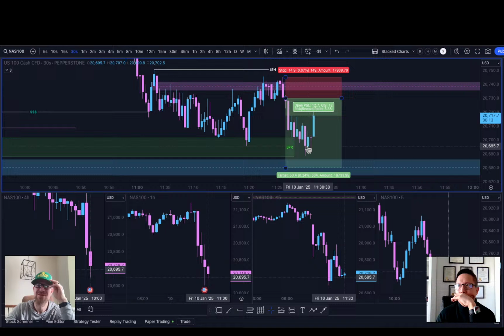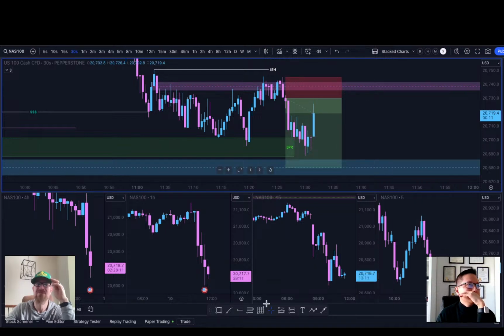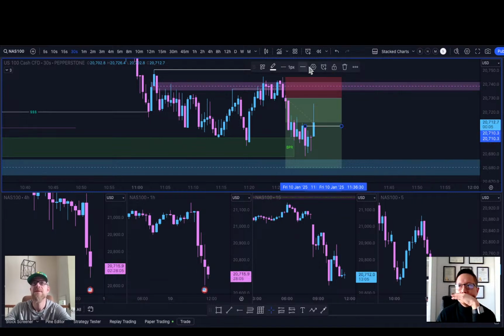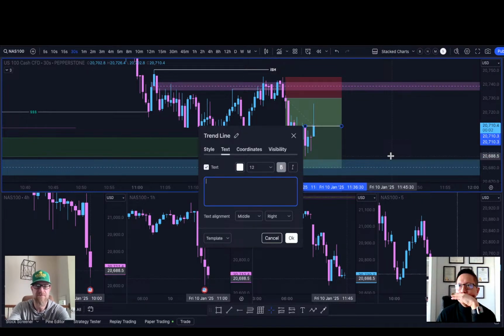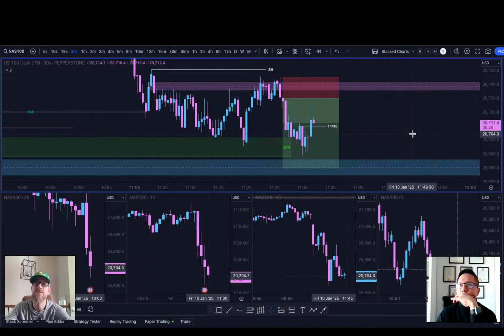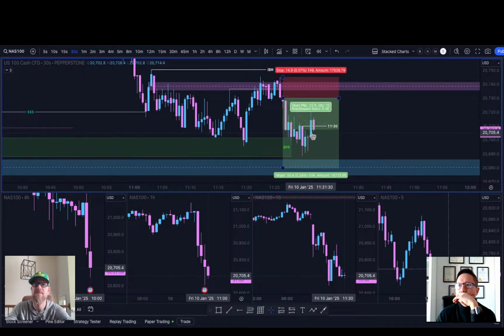So our 11:30 open was here. So there's our 30-minute candle open. I'll just call it 11:30. Retest the open price into the gap.